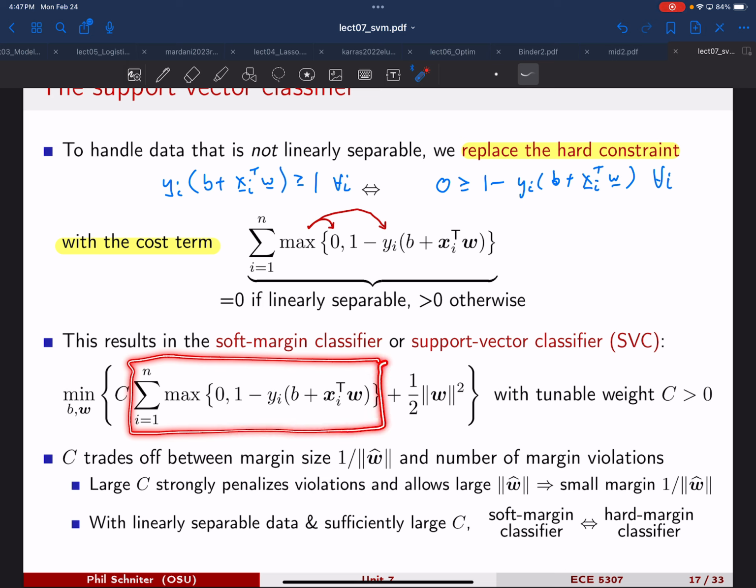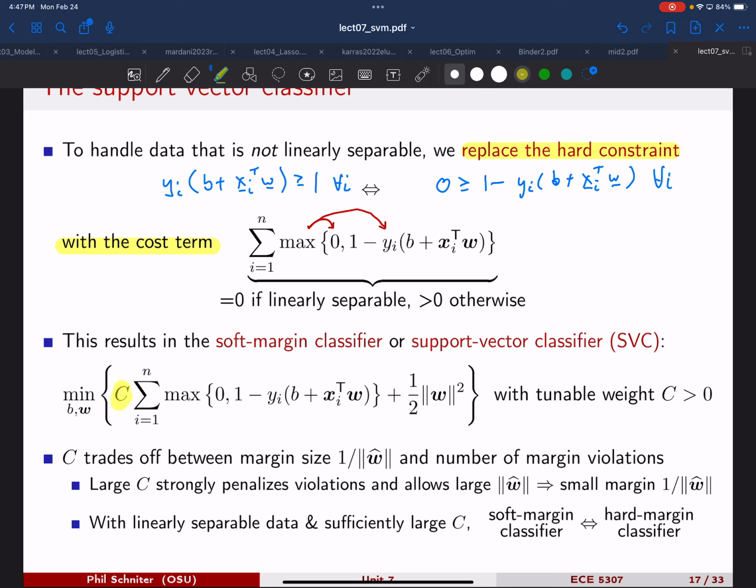Now, the only thing that's new is that we've also snuck in a number C, which is going to be a tunable weight that's always going to be positive. And that's because it's not really clear exactly how we should weight these two terms.